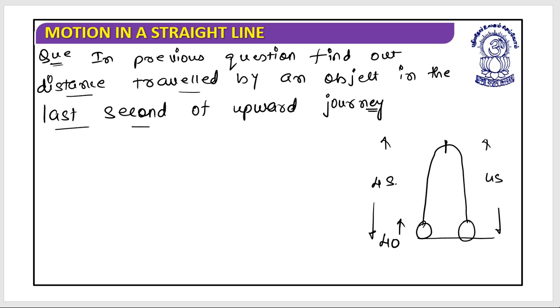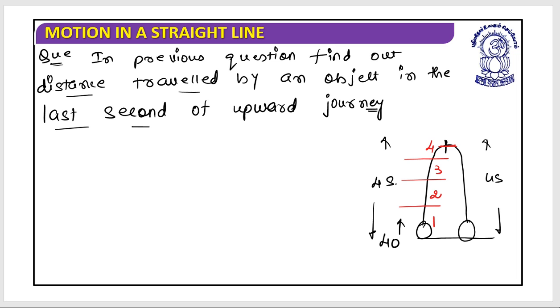So let me divide this. This is the first, second, third, and fourth second. Up to this, you need to find out the distance traveled by the object in the fourth second.